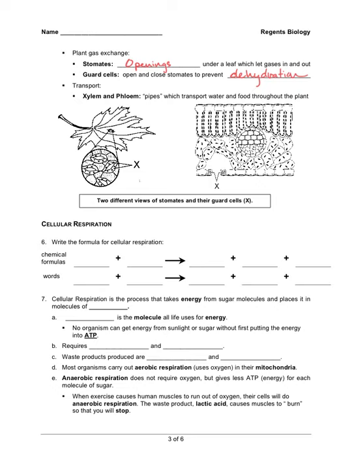And then in order to transport water and sugars through the plant, they have two structures called xylem and phloem, and they're essentially pipes, and they can move water and food throughout the plant from the leaves through the trunk to the leaves, etc. And you can see in these two diagrams that there's a picture of the stomate in two different views.